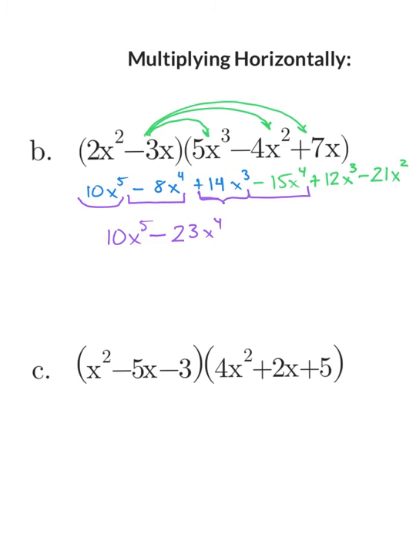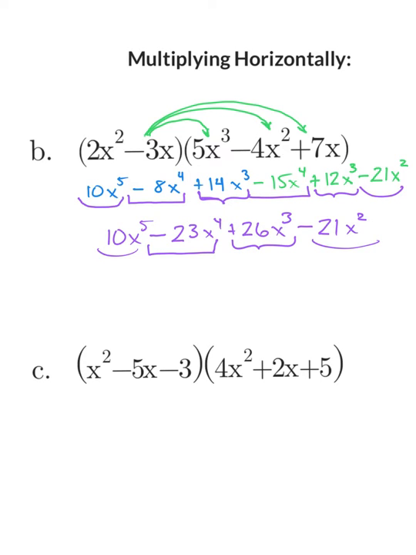We have 14x cubed and 12x cubed gives me 26x cubed. And then we have our minus 21x squared. And we're done.